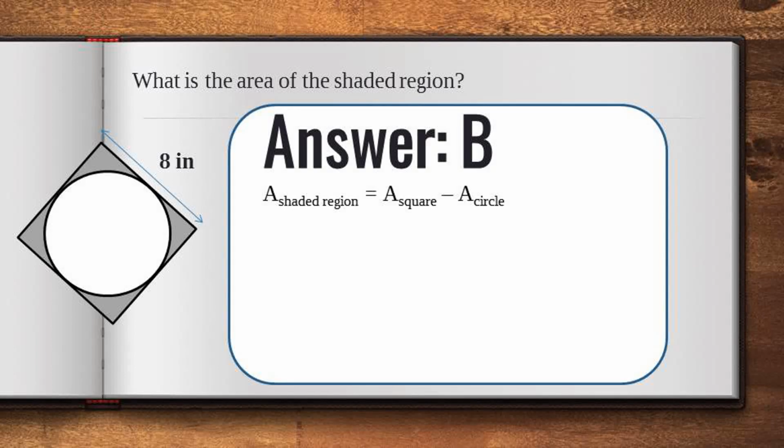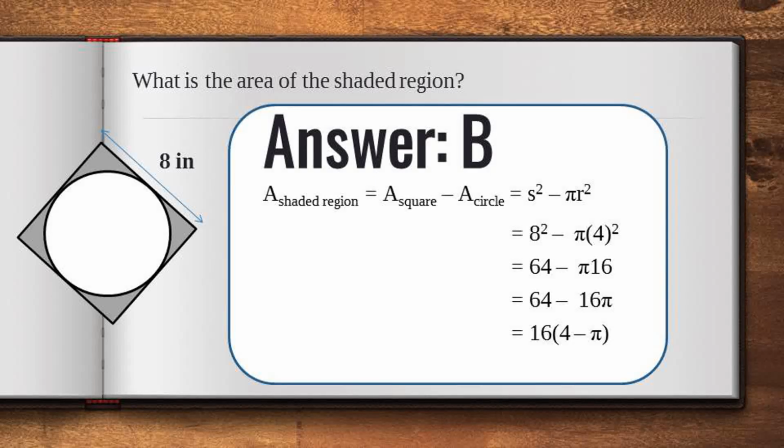If you look at the diagram and understand the problem carefully, that's the system by which we go about solving the problem. So we know that the formula for the area of the square is s squared, and the formula for the area of a circle is pi r squared. Thus, solving for the area of the shaded region, what we get is 64 minus 16 pi.